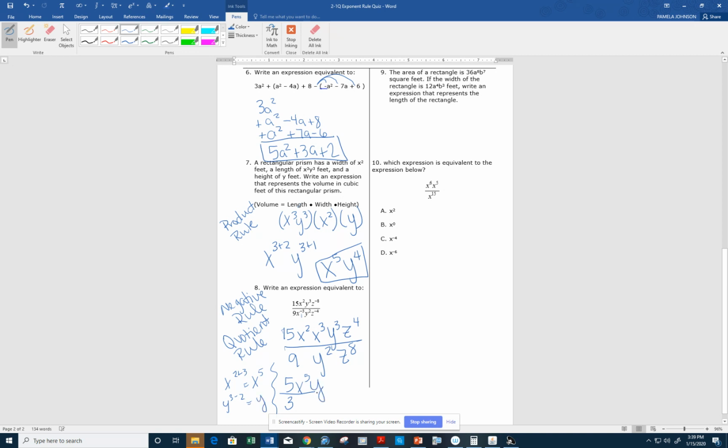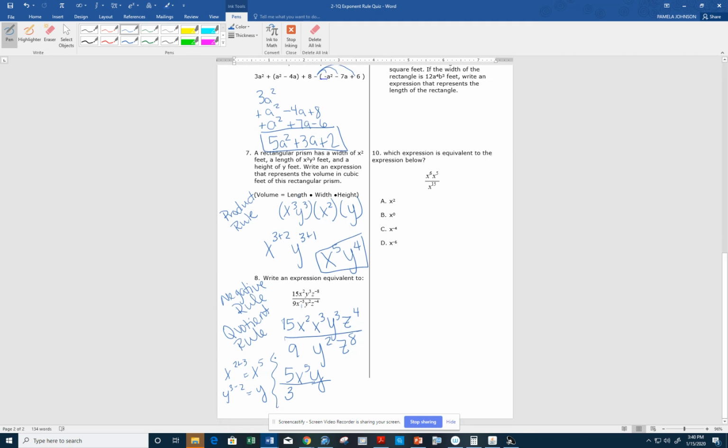That's going to stay on top. I have a z to the 4th minus 8, so that's going to give me z to the negative 4. That negative means it's going to stay on the bottom. So I'm going to have a z to the 4th on the bottom.